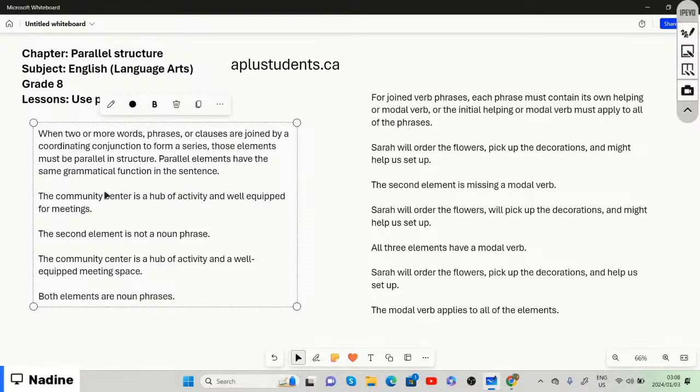When two or more words, phrases, or clauses are joined by a coordinating conjunction to form a series, then those elements must be parallel in structure.